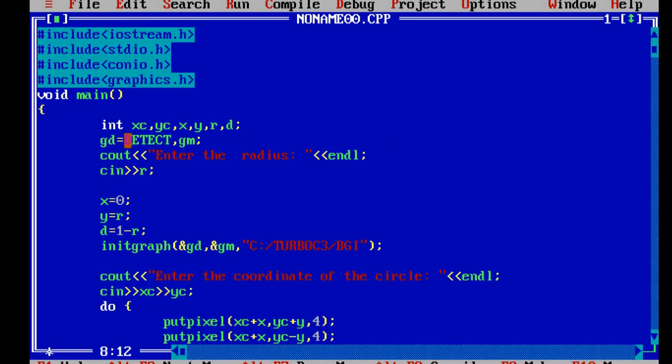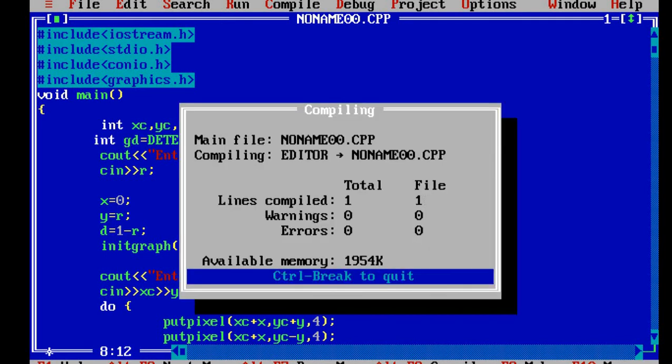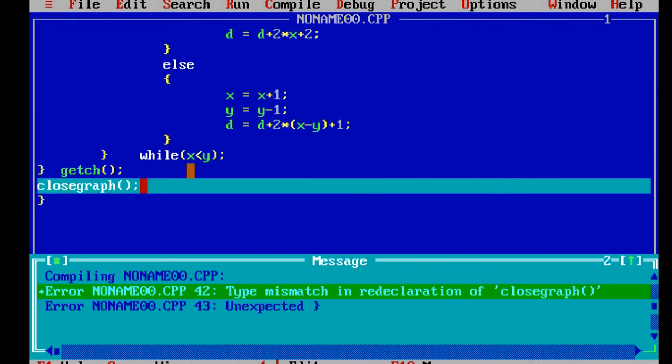Okay, sorry, typing mistake in the declaration of the program.